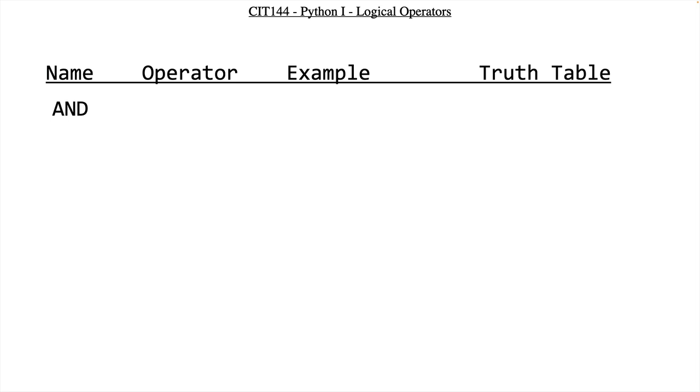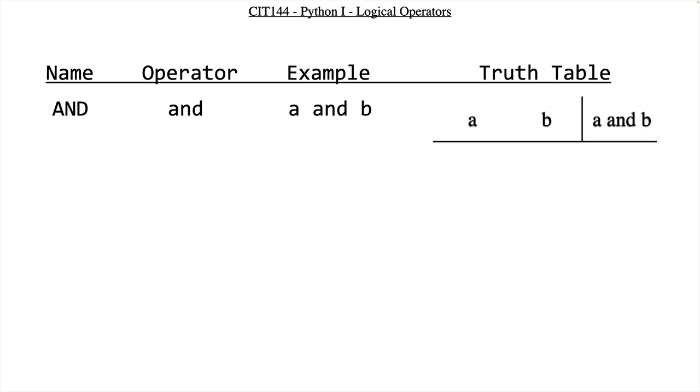If you want to use the AND operator in Python, the keyword is lowercase and, and an example looks like A and B. And then we'll have the truth table that we'll talk about.